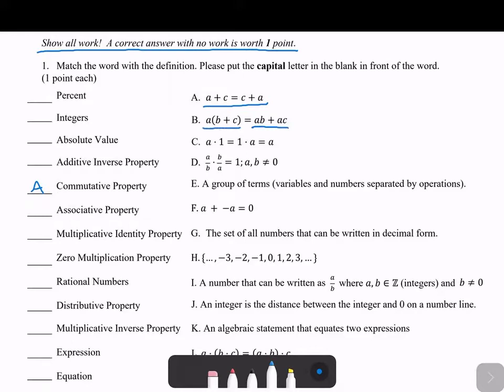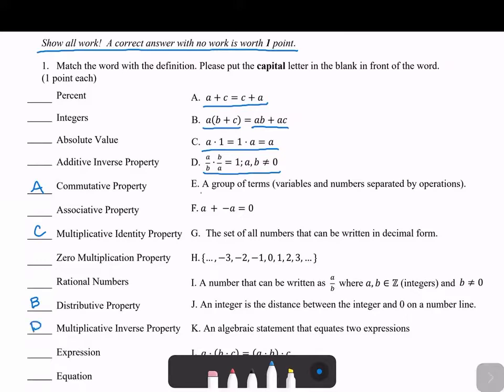And so this is the distributive property. The next one says that any number times 1, that value doesn't change. So that's the multiplicative identity. The next one says that if you take a fraction and multiply it by the reciprocal, you get 1, and that's the multiplicative inverse.